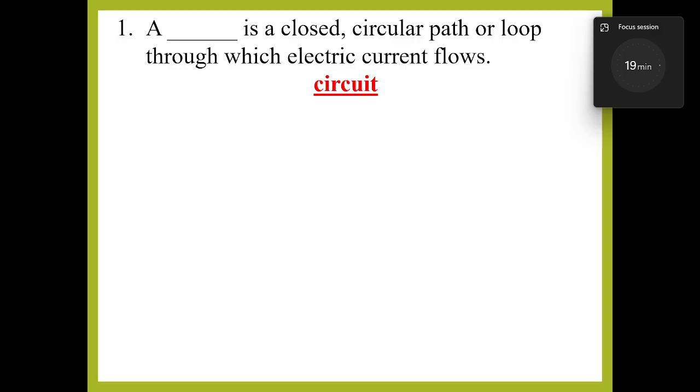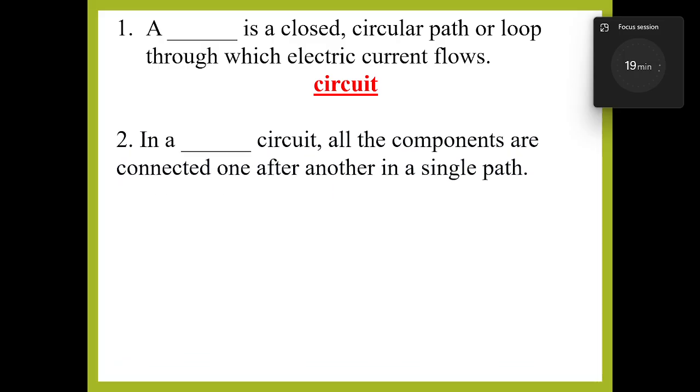So, a circuit is normally defined as a closed path. It should have a closed path which is formed by using connecting wires and devices, a circular path where the current can flow from positive to the negative.